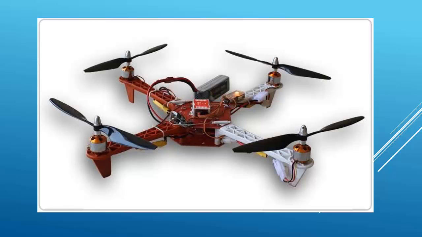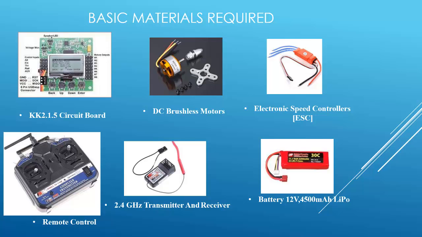So here you can see the quadcopter design, which I think is the best design all over, and we are using a 4500 mAh battery. Here you can see the KK 2.1.5 circuit board.